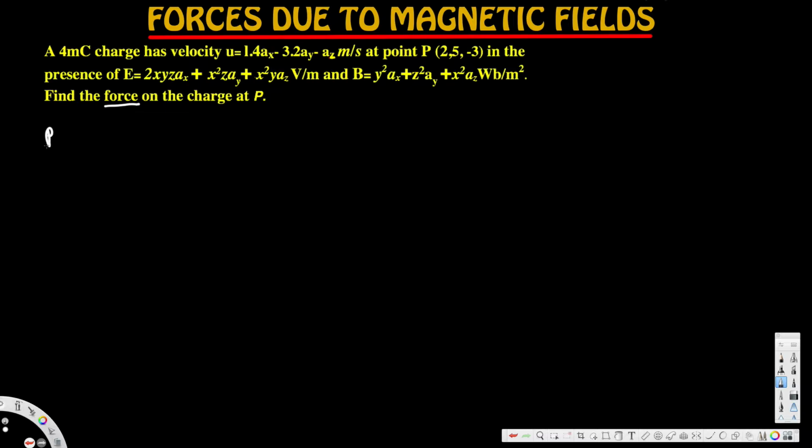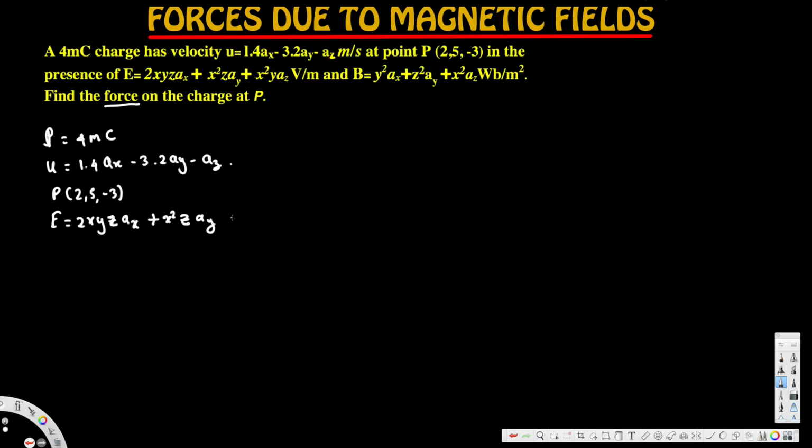Here we have the charge, q = 4 millicoulomb, and the velocity u = 1.4 ax - 3.2 ay - az, and then we have the point P(2, 5, -3) in the presence of the electric field E, given by this expression: 2xyz ax, and then x squared z ay, and then x squared y az volts per meter.